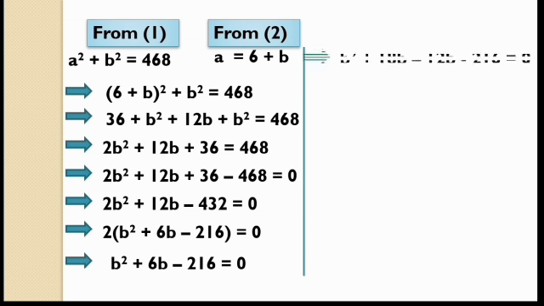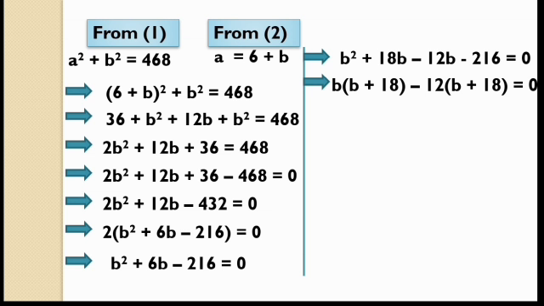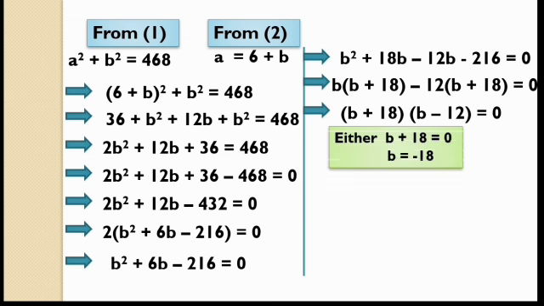Now we will factorize this. B square plus 18B minus 12B minus 216 equals 0. Then we will take common: B into (B plus 18) minus 12 into (B plus 18) equals 0. B plus 18 is the common factor, (B minus 12) equals 0. So either B plus 18 equals 0, we will get B equal minus 18.